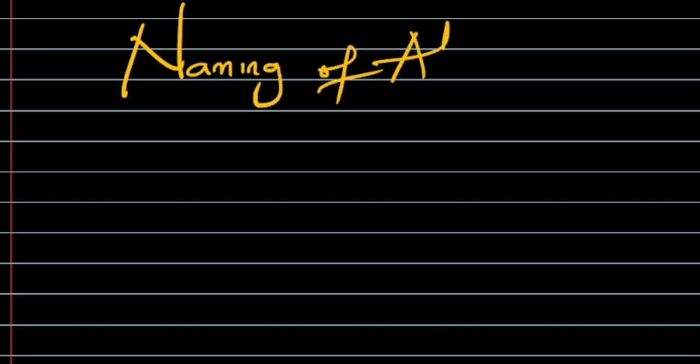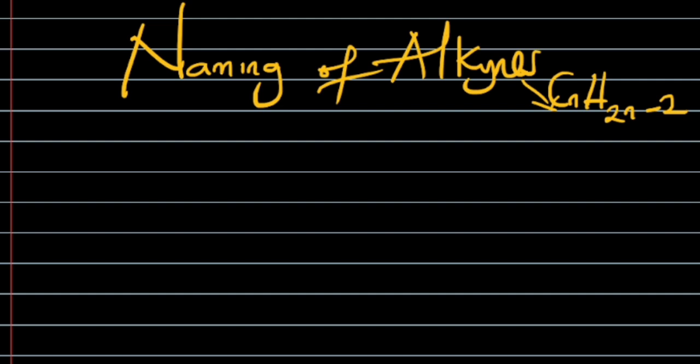So when naming alkynes, the general molecular formula must be obeyed, which is CnH2n-2.